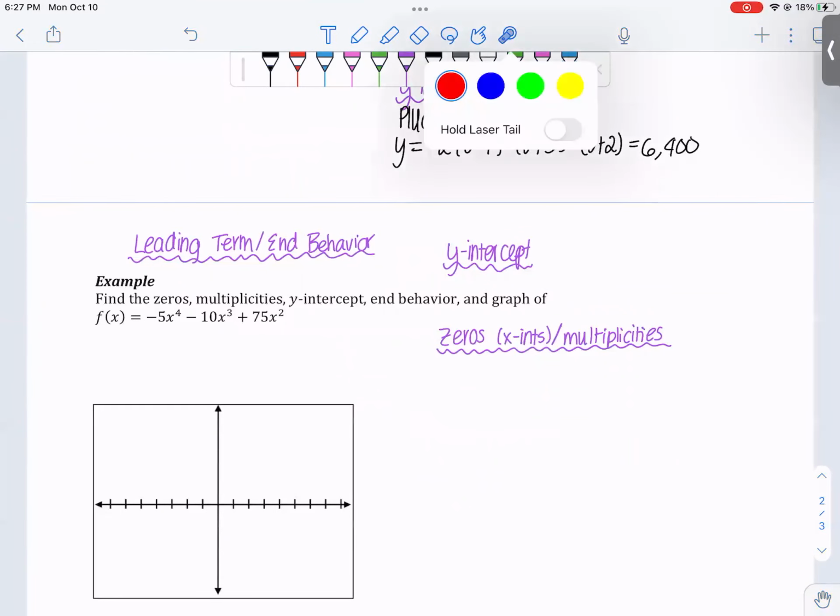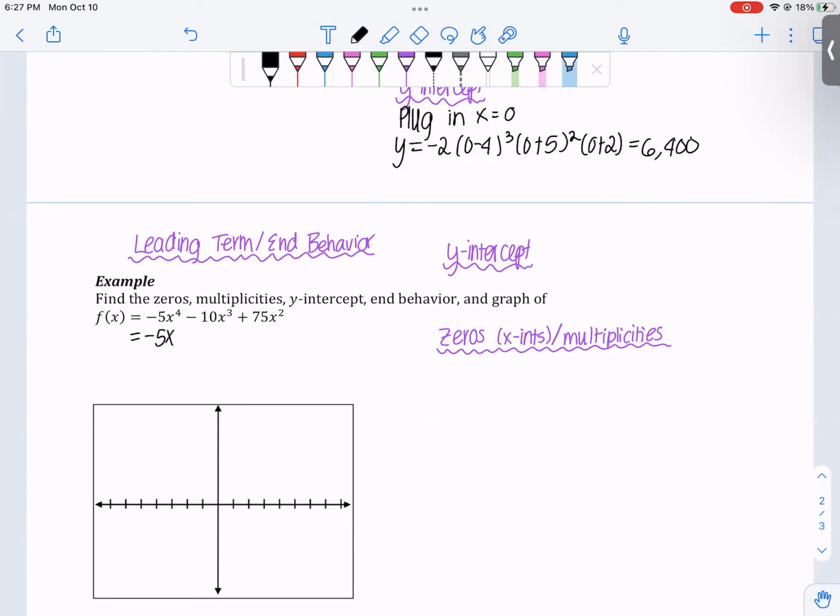All right. Sometimes we have functions that aren't factored, and we are going to have to factor those in order to graph it. So looking at this guy here, I know that there's a GCF I can pull out. There's a common factor of negative 5x squared.